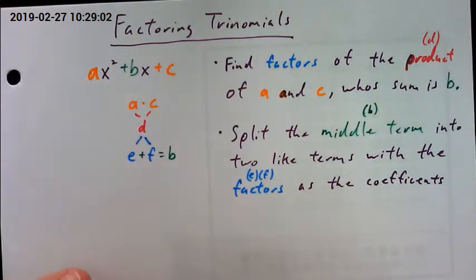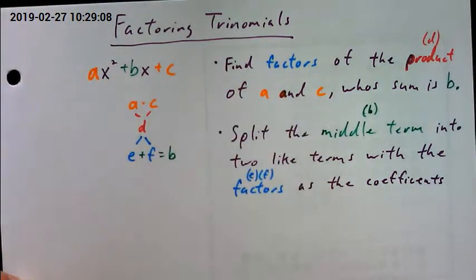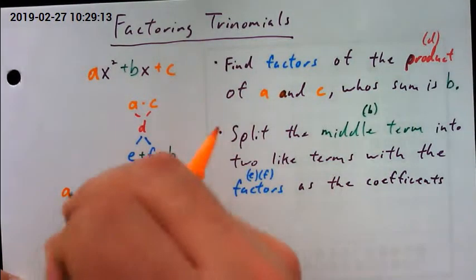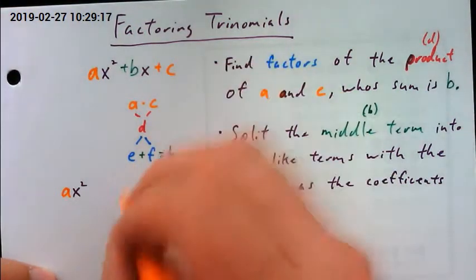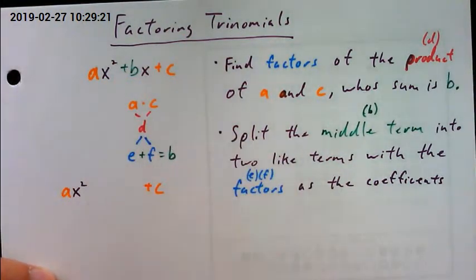But let's take a look at what our equation is going to look like now. The first term and the third term are going to be exactly the same. So we still have our A x squared, and we still have the plus C on the end. It's the middle part that's going to be different.